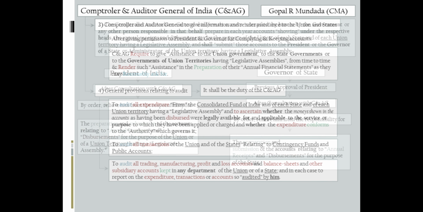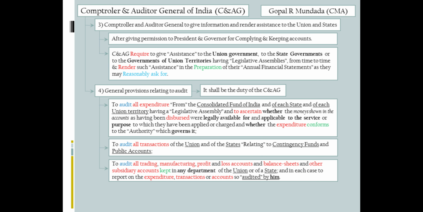So next, the third point is that the C&AG is to give information and render assistance to the union and state. After giving permission to the president and governor for compiling and keeping the accounts, the C&AG is required to give assistance to the union government or state government or to the government of the union territory having a legislative assembly from time to time, and render such assistance in the preparation of their annual financial statements as they may reasonably ask for.